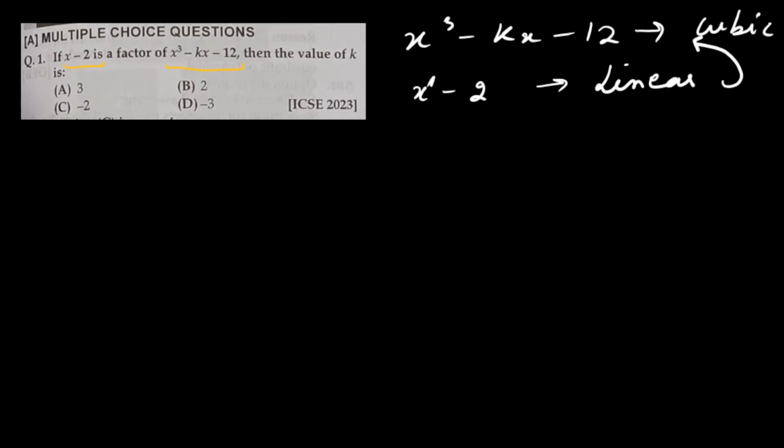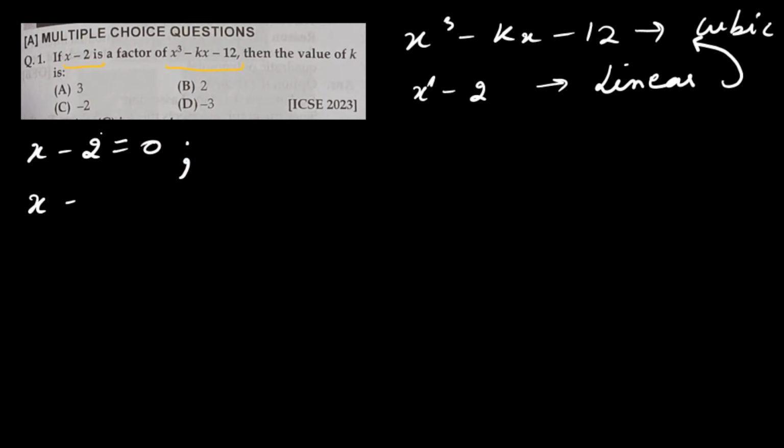If any polynomial is a factor of another polynomial, you have to always remember that when we substitute that value of the variable in the other polynomial, see here the linear polynomial is there, x minus 2. From the linear polynomial, what do we have to do? We have to find the value of the variable. So I'll just write equals to 0.